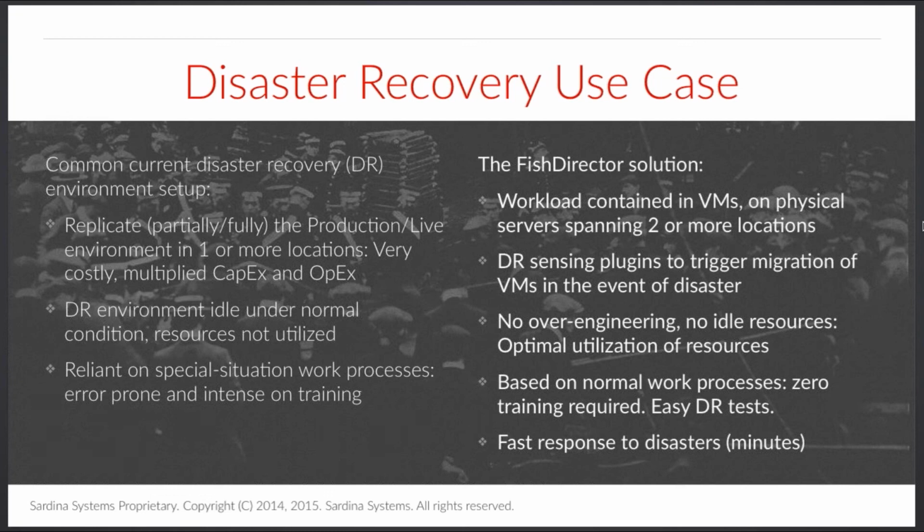With FishDirector, what we can do is to have workload contained in VMs running on physical servers spanning the multiple locations. And then in the event of disaster, we flow the workload over to whichever one of the sites is up and running. And this flowing of the workload could be done automatically.